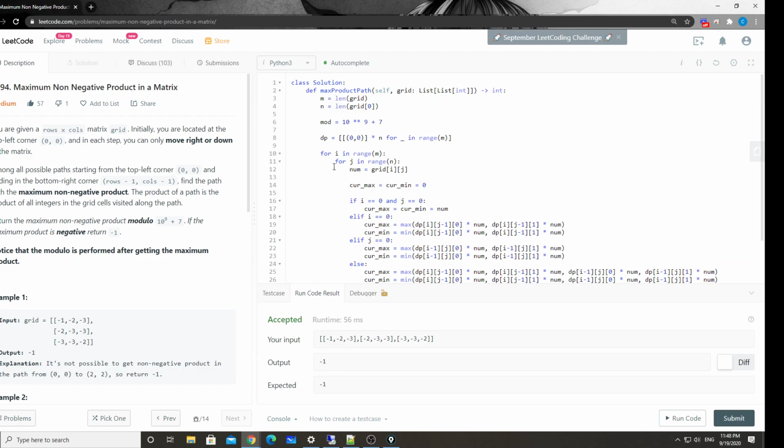Cool. In terms of space and time complexity, it's obvious, right? Time complexity is m times n, and space is also m times n here.